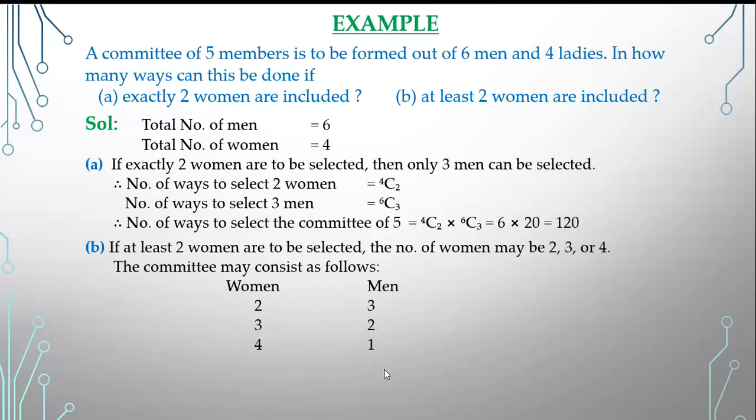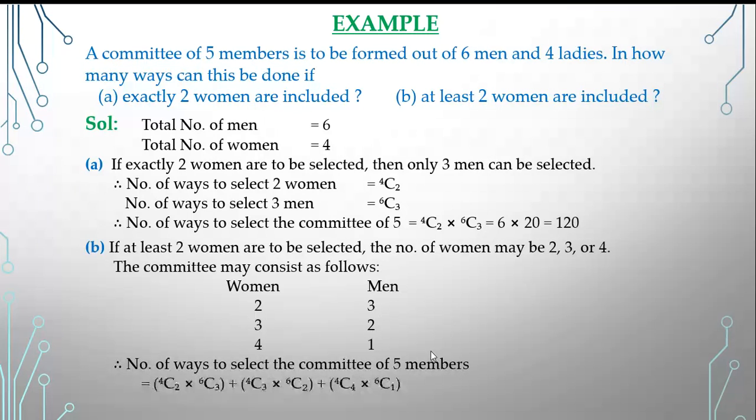So these are the cases to choose the 5 member committee, right? To select the 5 member committee we compute 4C2 multiplied by 6C3, plus 4C3 multiplied by 6C2, plus 4C4 multiplied by 6C1. Here we choose 2 women out of 4, that is 4C2, and 3 men out of 6, that is 6C3.